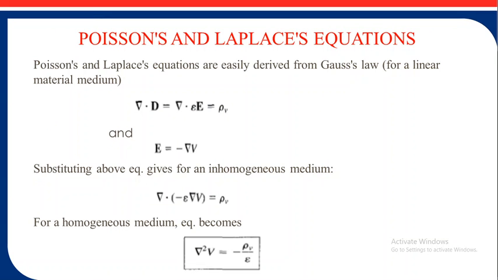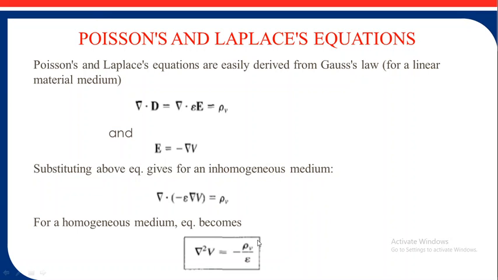The Poisson's and Laplace equations are easily derived from Gauss's law. We know that del dot D bar equals rho v, and D bar equals epsilon naught E bar. Then we know that E bar equals minus del V. By substituting these values in the above equation, we get del dot of minus epsilon del V equals rho v.